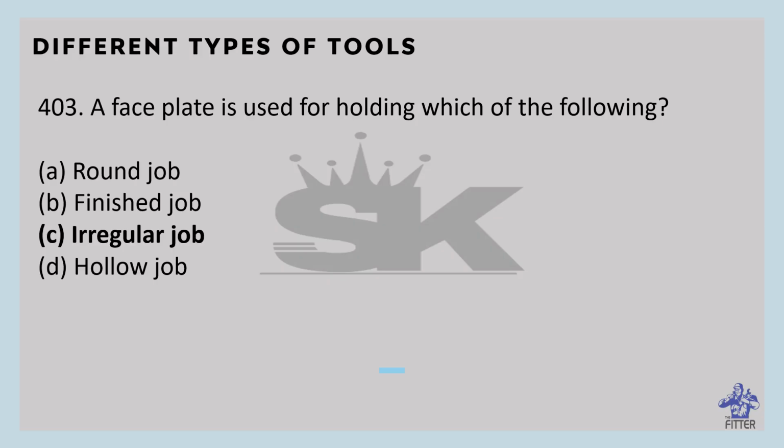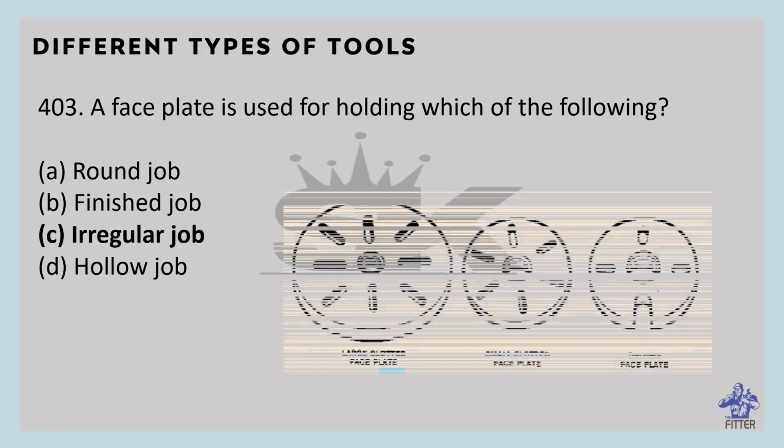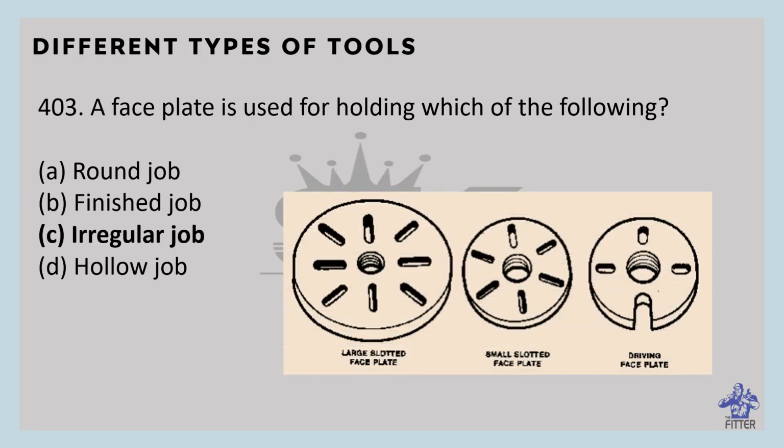It is used for holding jobs such as thin and irregular shaped workpieces that cannot be held between centers and chucks. You can see in the image these are the faceplates. The large slotted faceplate is the first one, the second one is the small slotted faceplate, and the third one is the driving faceplate.